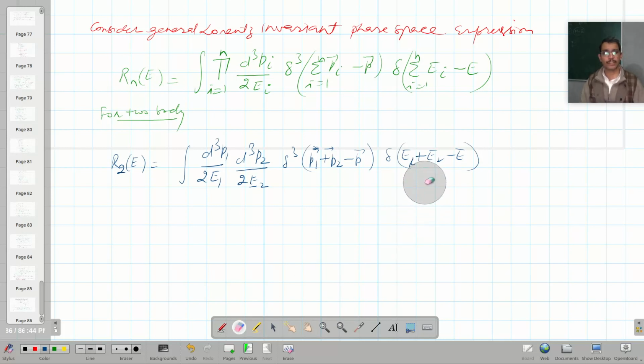So we have to write it in this way. Let us call this equation number 1 and this equation number 2.